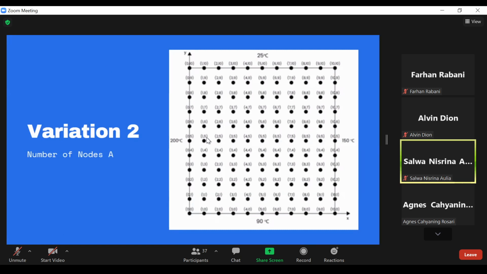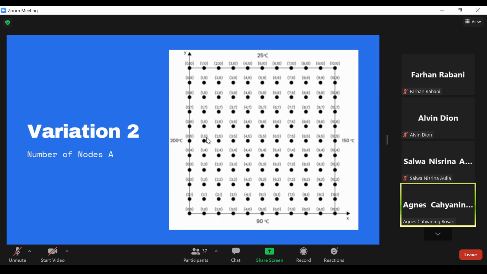Okay, so for the second variation, we use different numbers of nodes. The first, we use 10 times 10 grids, with the same temperatures. The top is 25 Celsius, the right is 150 Celsius, the bottom is 90 degrees Celsius, and the left is 200 Celsius.